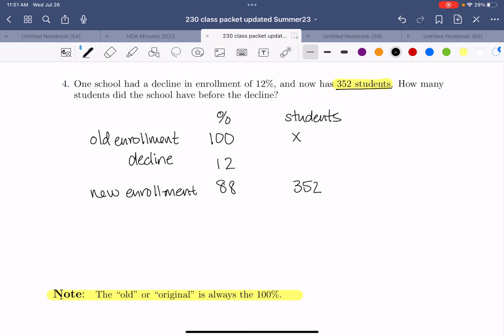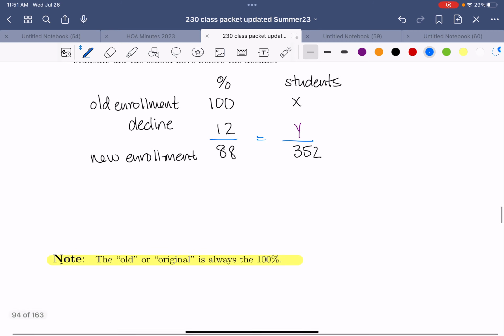Okay. Now, this was the same setup as the last problem. I'm not going to do it the same way. I'll do it a different way for you. So if you like option number 2, I'm going to find out how many students it decreased by. And that way, I can add that back to my 352 to know how many students they started with. So I can put in my equal sign and fraction bars, and I've got my proportion ready to go.